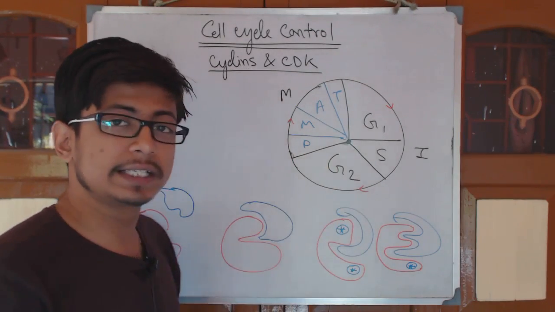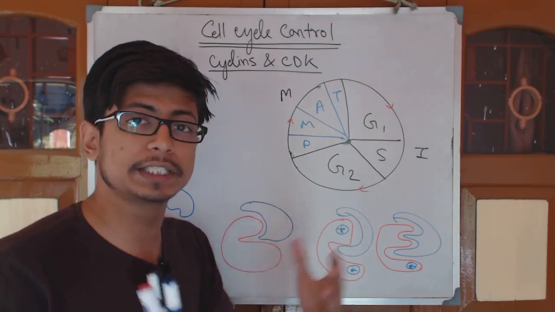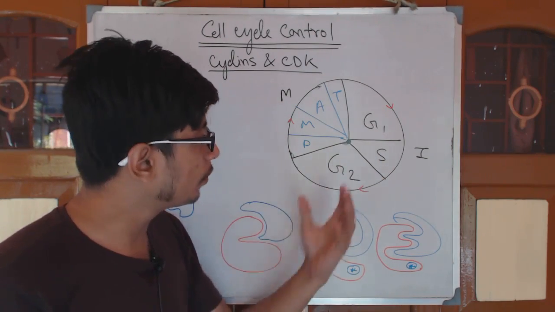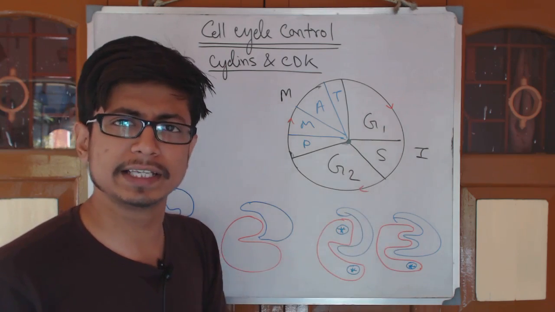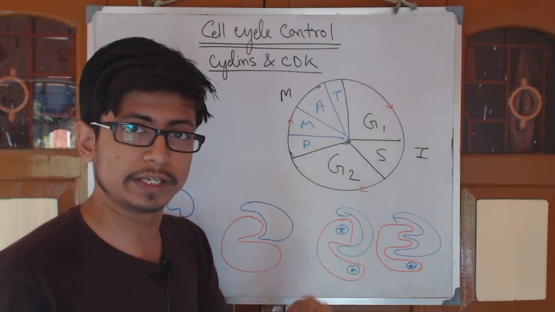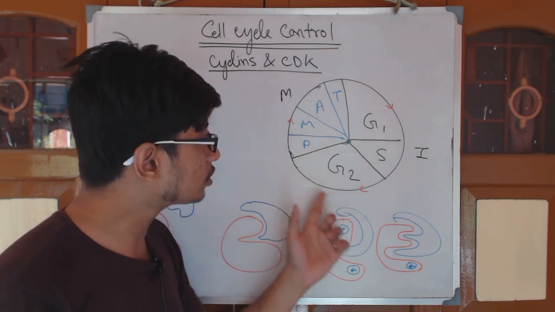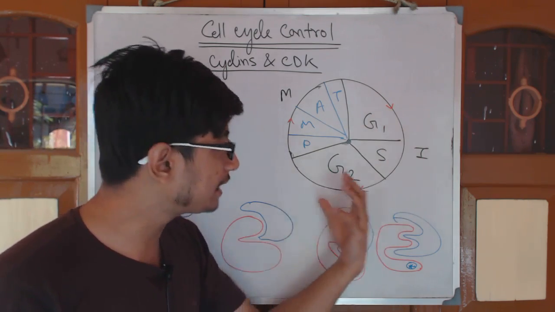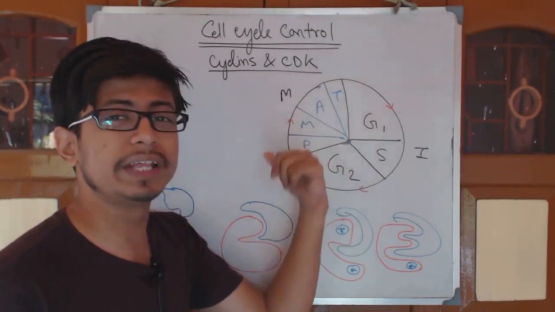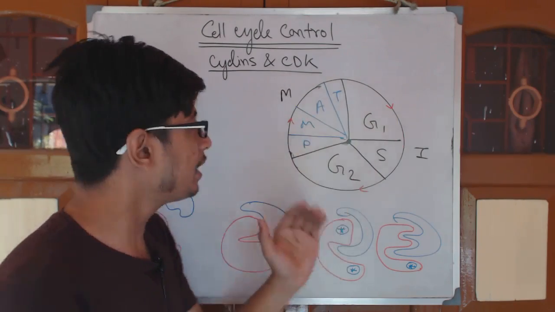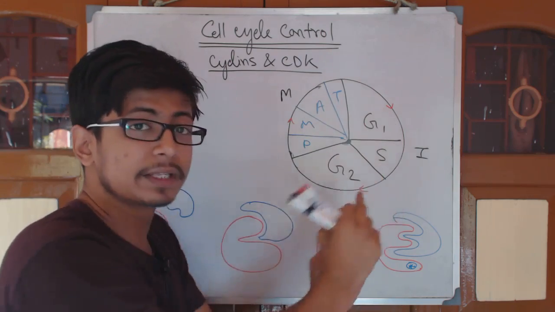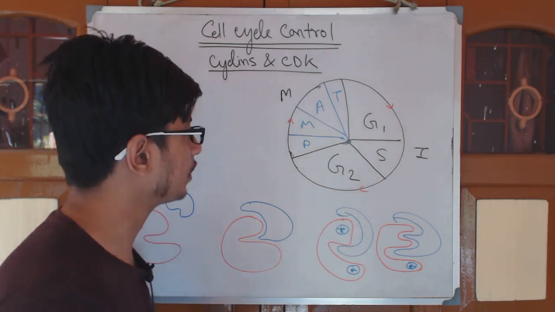At the end of the G2 phase, they check whether the replication worked properly and whether proper synthesis of DNA is there. Some RNA synthesis is required in the G2 phase, which has already been done, and they also check and maintain the size of the cell. Once everything is fine, only then will they progress to the M phase, because M phase is the actual phase where the cell will divide, but before that the cell prepares for the division.